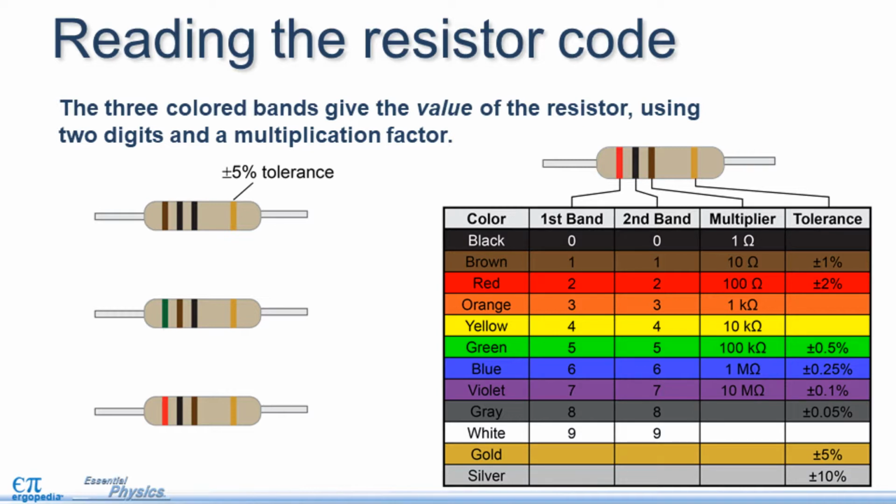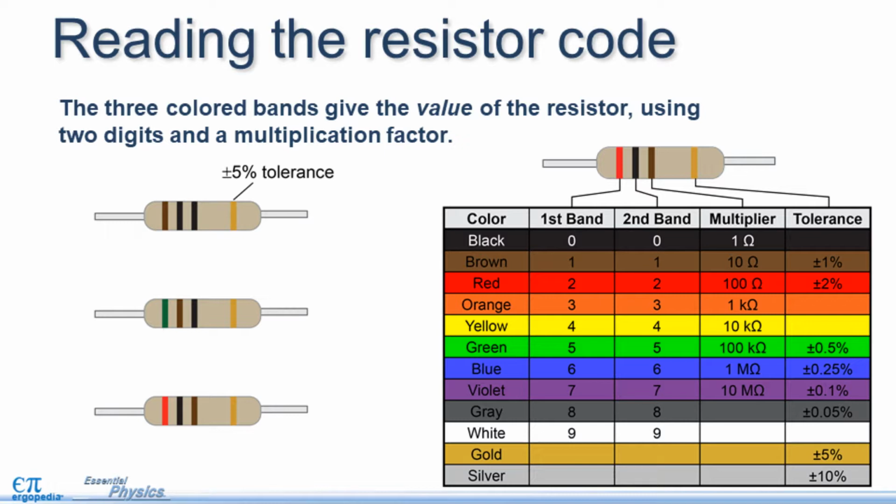You're going to use 2 digits and then a multiplication factor. So the third band tells you what to multiply by. The first band, you look at the color and it tells you the number. The second band, you look at the color and it tells you the number. And then the multiplier tells you what you multiply by.